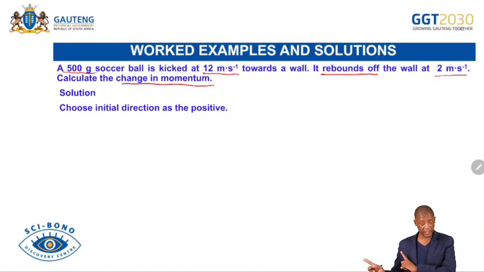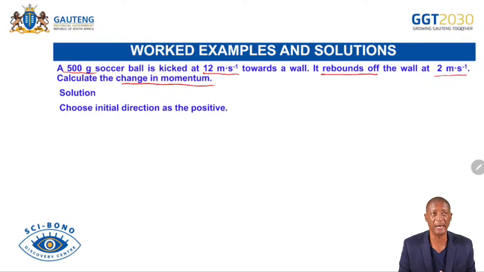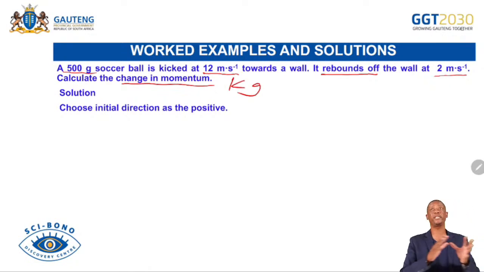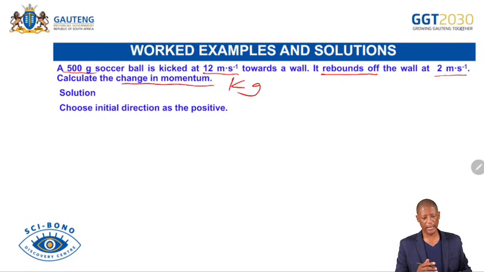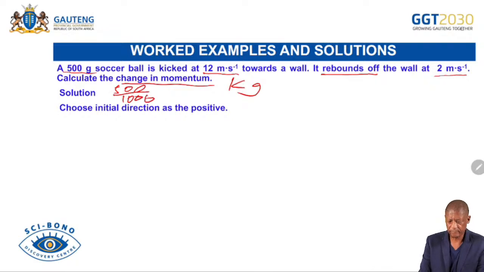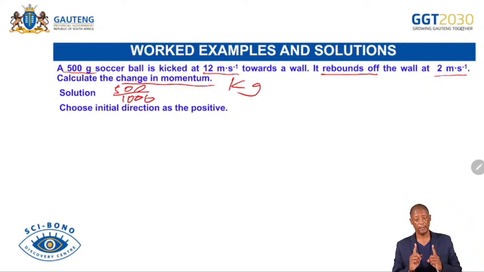Now, there are directions that we need to take cognizance of. One, here we need to change the mass. We don't calculate using grams. We always calculate using kilograms. Now, kilo means 1,000. In other words, we are going to divide your 500 by 1,000 to get the correct mass.